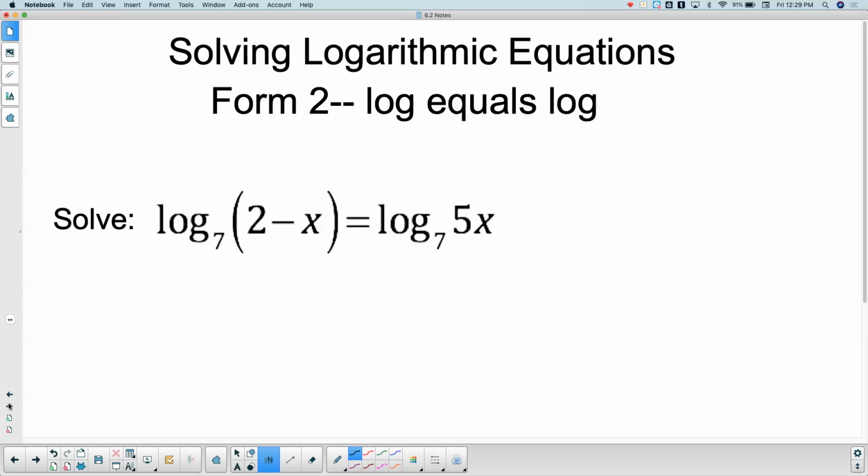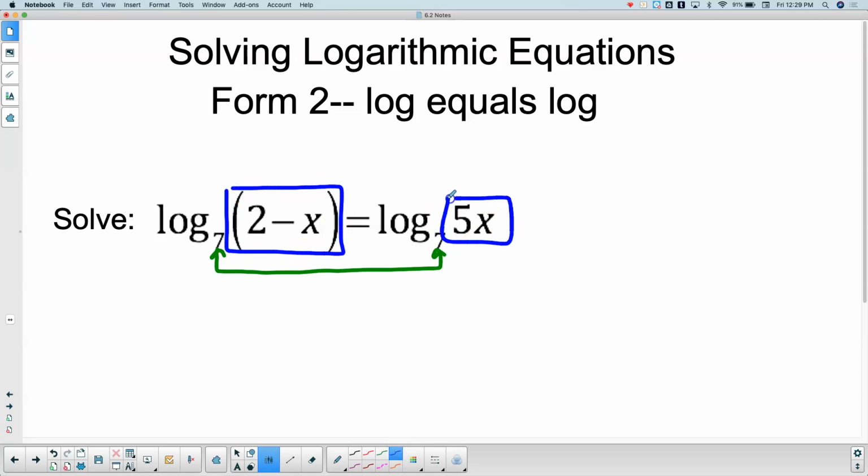Okay? Now, log equals log ones are nice. Especially if the bases are equal. That's your first check. You first got to check that these bases are the same. If those are the same, the logs are the same, the bases are the same, that means the arguments have to be the same also.